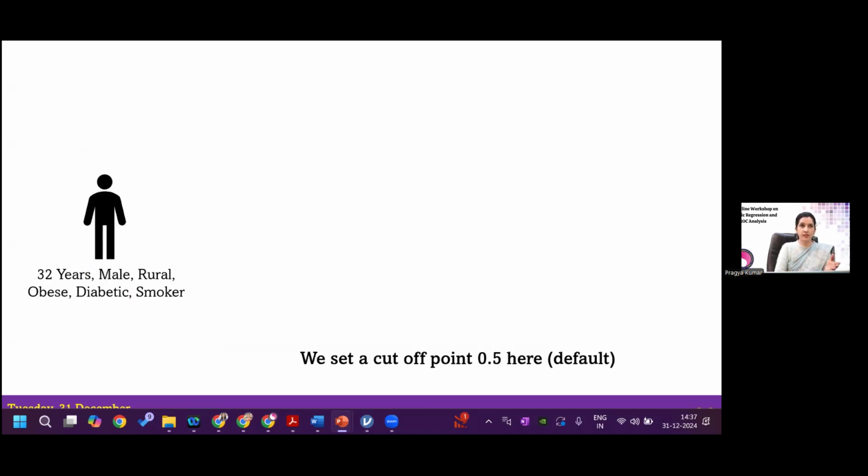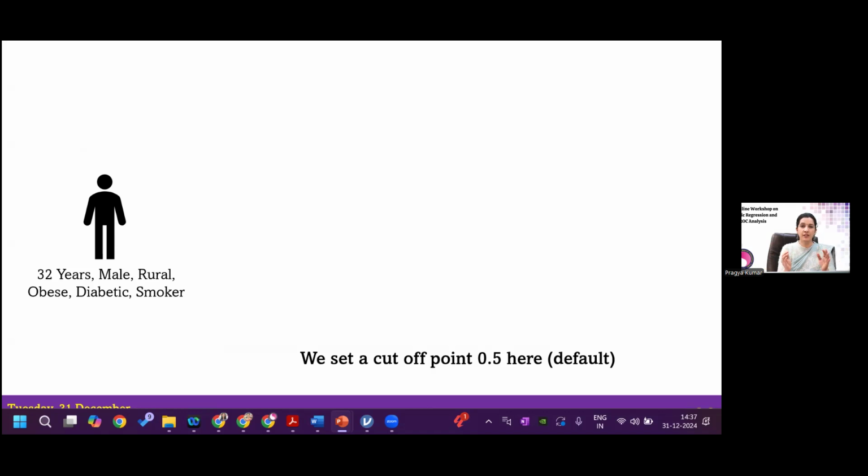Like this person, a 32-year-old male belonging to a rural area, obese, diabetic, and smoker. If I have set a cutoff point of 0.5, because in the model, you know that the probability which we calculate, we set automatically as the default setting that if the probability is more than or equal to 0.5, then you will say that the person is having that particular outcome.